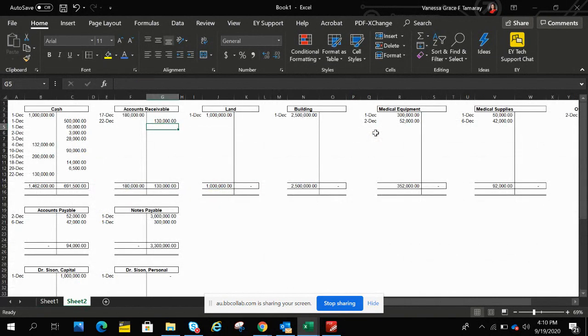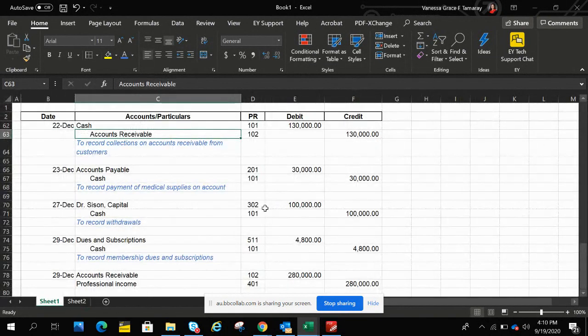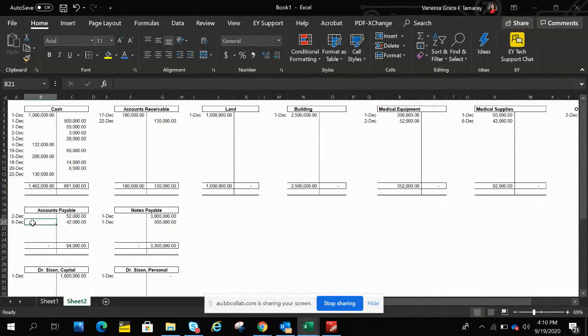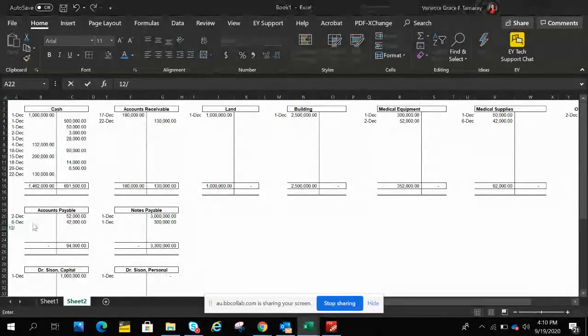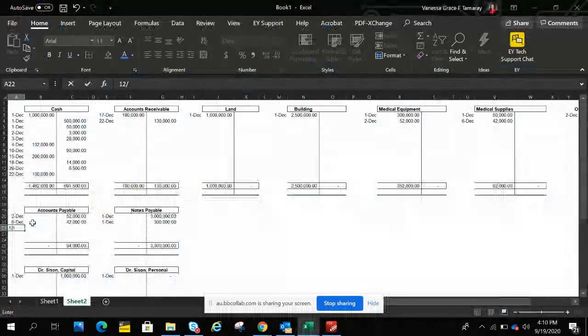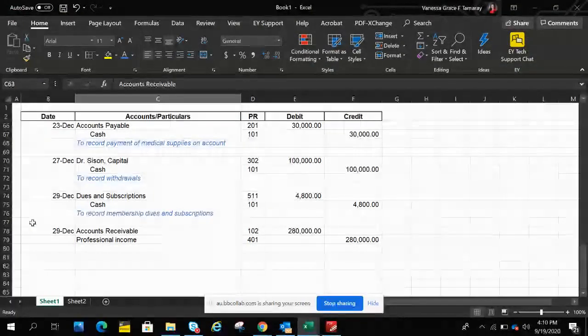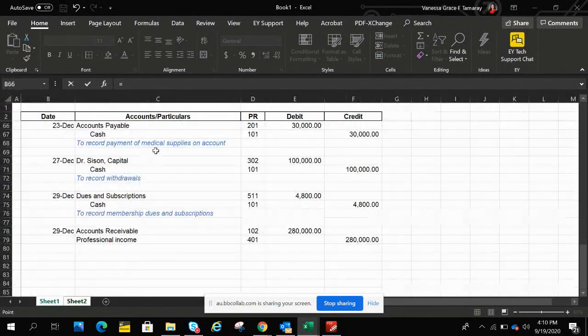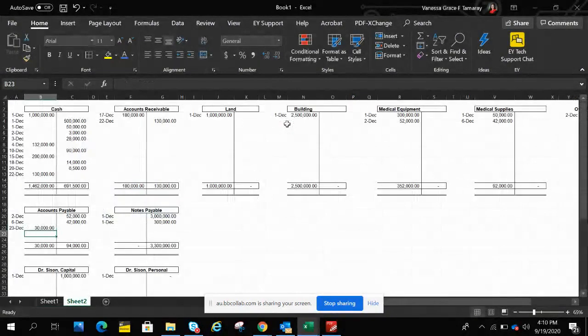And then, next, nagbayad daw tayo ng accounts payable natin. Debit accounts payable, 12/23, debit, 30,000.